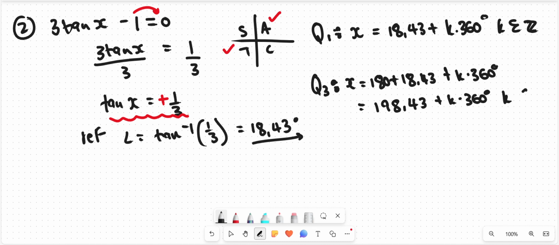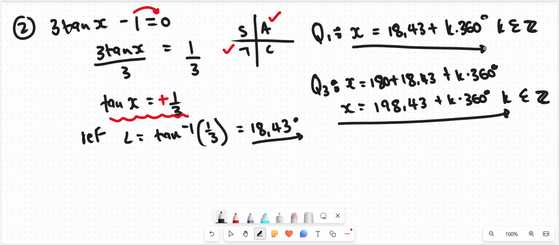And again, K is an element of integers. Sorry, not of real numbers. So these are our two solutions again, and those are general solutions. If you want specific ones, you would substitute for that value of K. I'll do specific solutions in another video, but this video is solely on finding these general solutions.